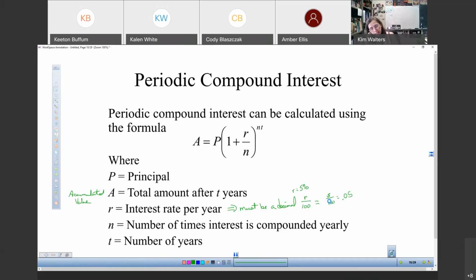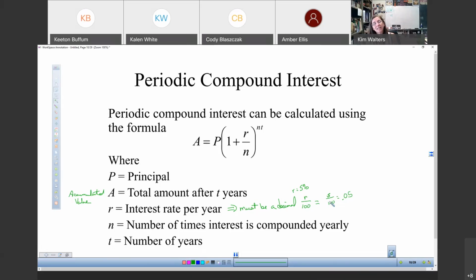So N is really the only thing you have to remember in these. And N is the number of times that the interest is compounded yearly or annually. So what happens is your money earns more interest. So with simple interest, which we've talked about, you take money, it earns interest. The end of the year, you get the interest. That's life, it's good. What happens with compounded interest is you invest a certain amount, it earns some interest.